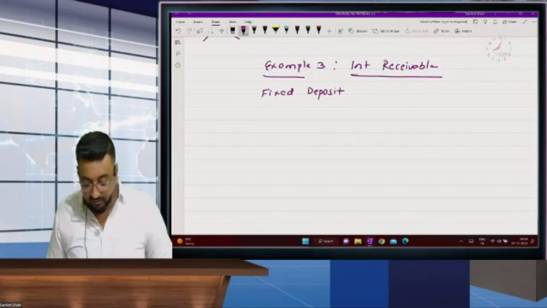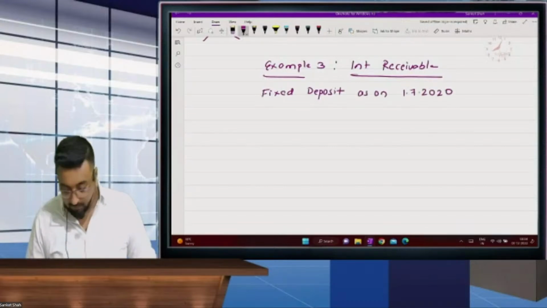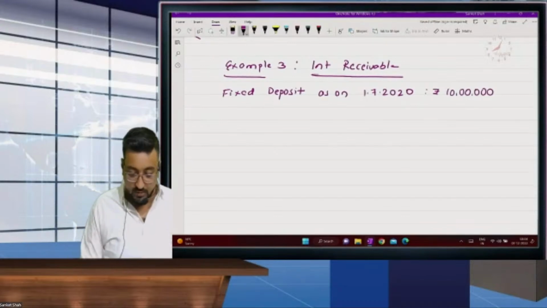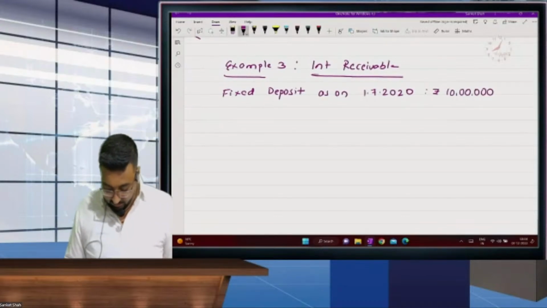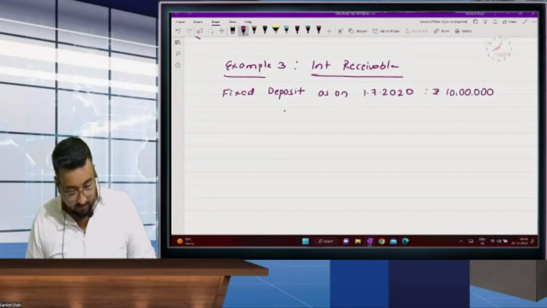Fixed deposit as on 1st July 2020, rupees 10 lakhs. Fixed deposit 10 lakhs.